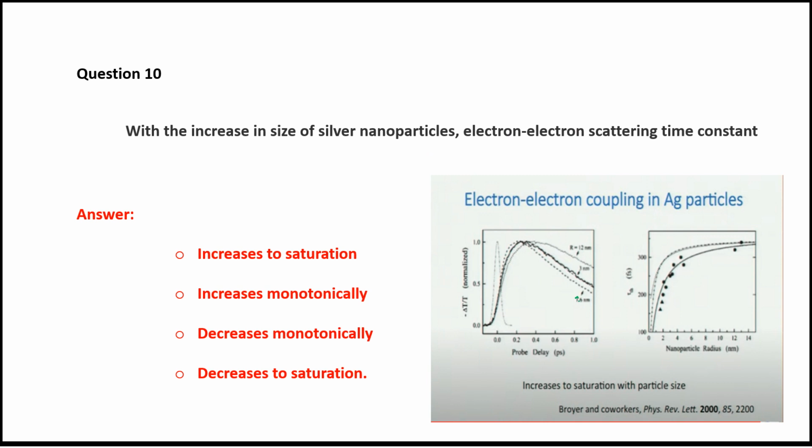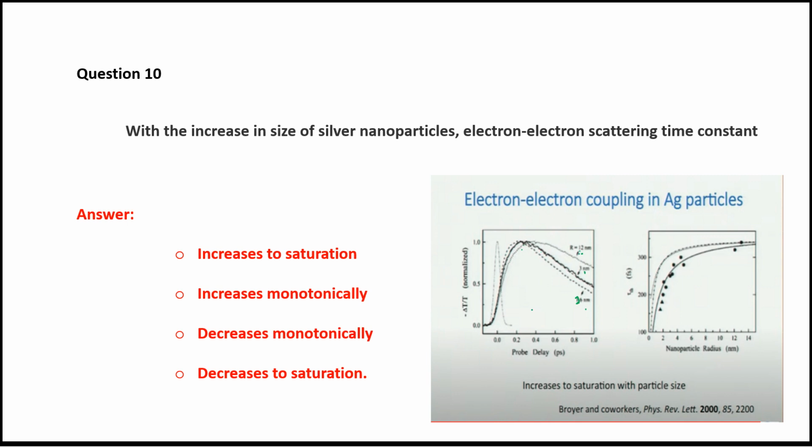You will notice here they have written the diameters 1.6 nanometer, 3 nanometer, and 12 nanometer. They observed this with the probe delay in the range of picoseconds, for each radius, say this 12 nanometer.